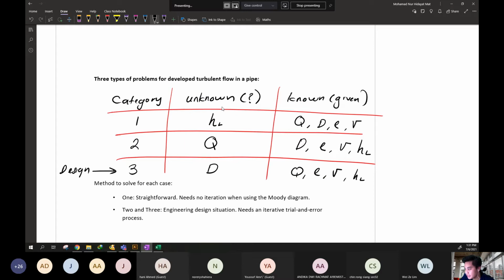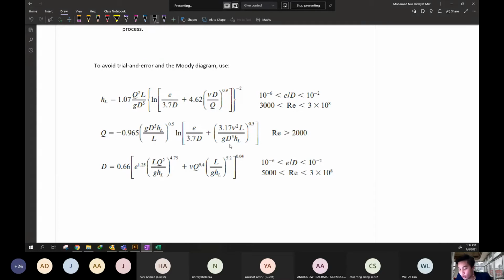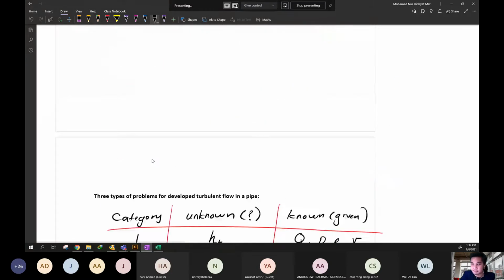You need to find Q or D. Just substitute here, and you will find the final answer. Sometimes when the question asks specifically to use the Moody diagram, then by hook or by crook, you need to use this Moody diagram to find the friction factor. From the friction factor, you can find the head loss. So let's try one example.